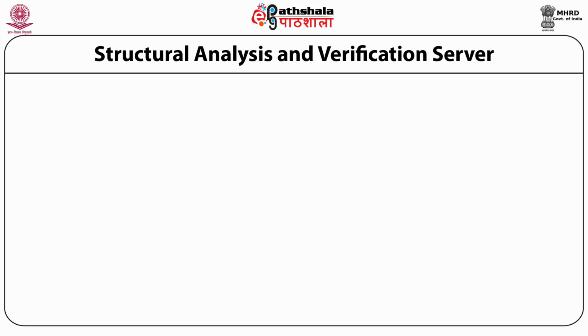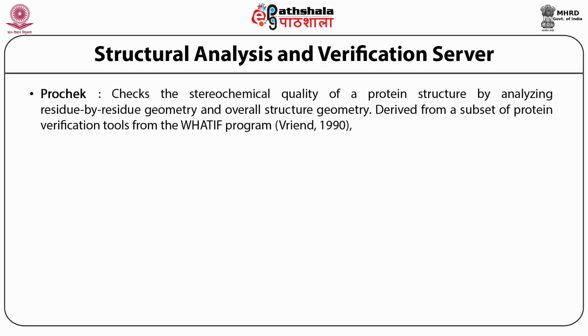This server itself contains different components, like ProCheck, that checks the stereochemical quality of a protein structure by analyzing residue-by-residue geometry and overall structure geometry, derived from a subset of protein verification tools and from the WHAT IF program.